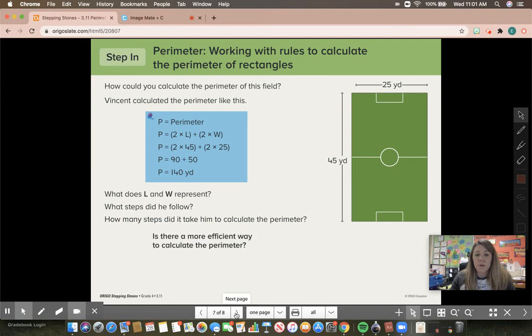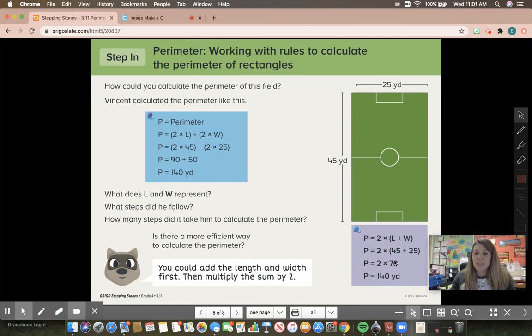Or you could follow another way of doing 45 plus 25 and multiplying that by 2. So here we have 45 plus 25, which is your length and your width added together, and multiply that by 2, since you have 2 lengths and 2 widths. Up to you.